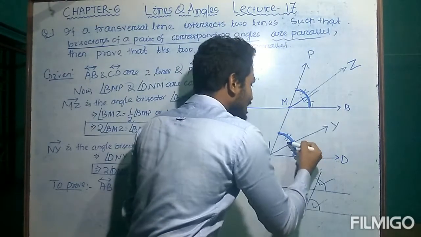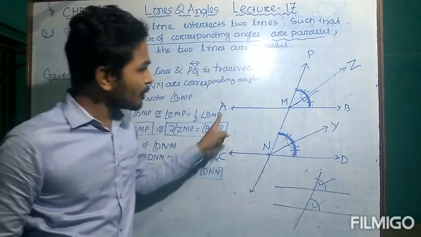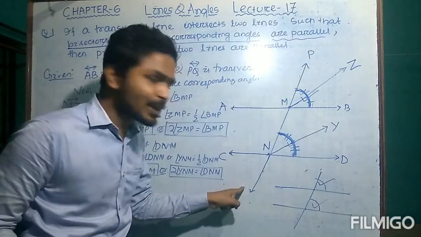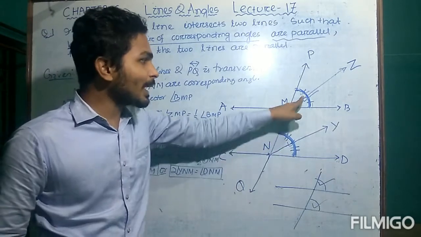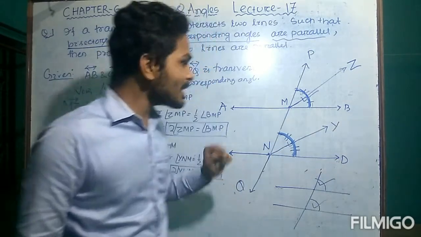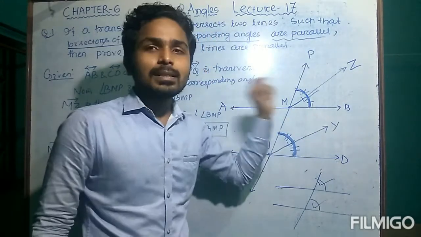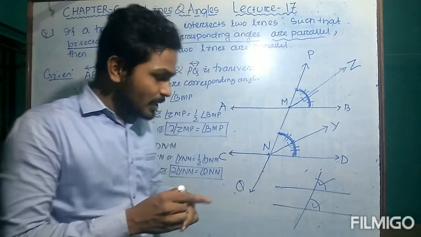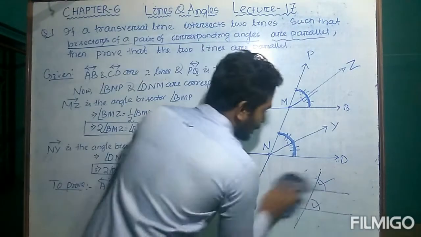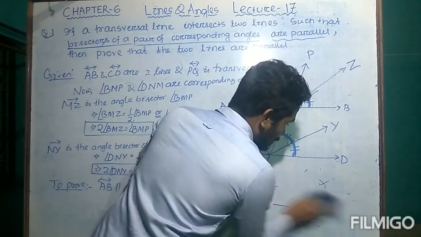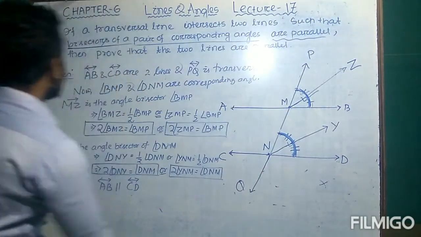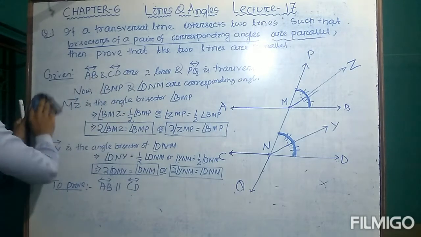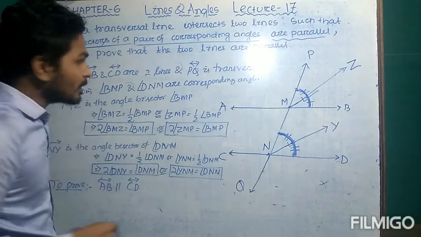This angle and this angle are corresponding angles for the lines AB and CD and transversal PQ, right? So let us prove it. Our target is to show that these two angles must be equal. We have to erase this, so you can take it as a screenshot.